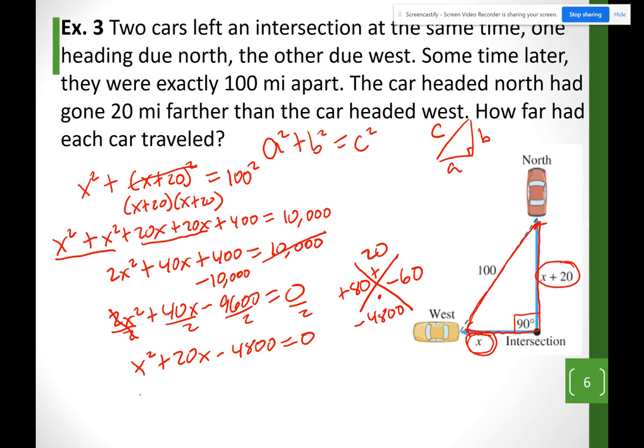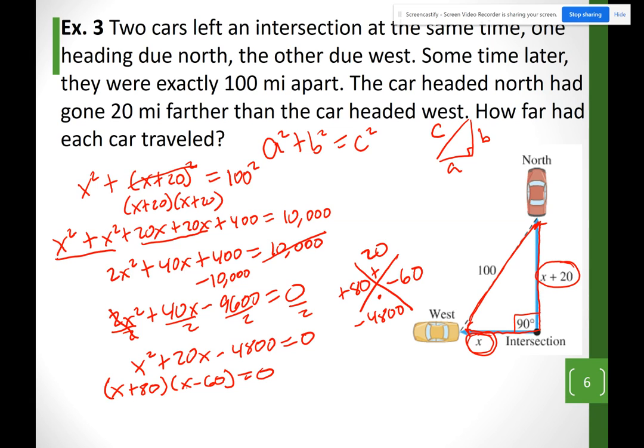So I can factor this easily as x plus 80 times x minus 60 is equal to 0. We could do quadratic formula as well.